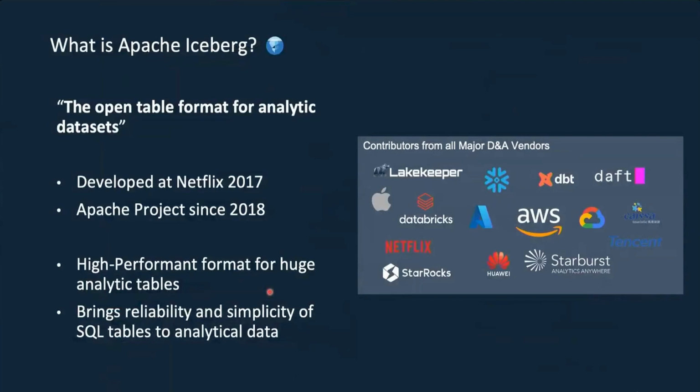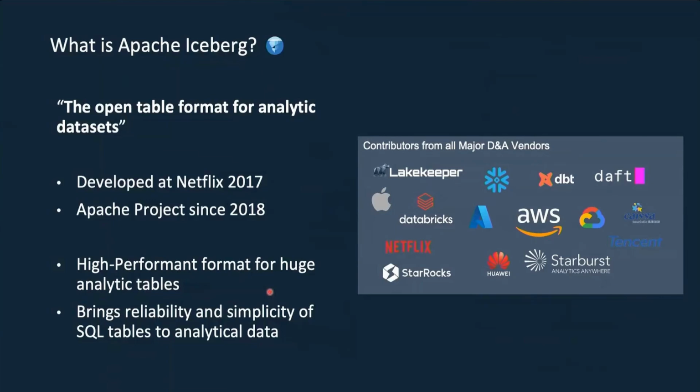They founded their own company, which was then acquired by Databricks for $2 billion. Crazy amounts of money flowing there. So it was originally developed at Netflix to solve exactly this problem of transaction safety on data lakes. And it was donated to the Apache Foundation in 2018, and it has been an Apache project ever since.